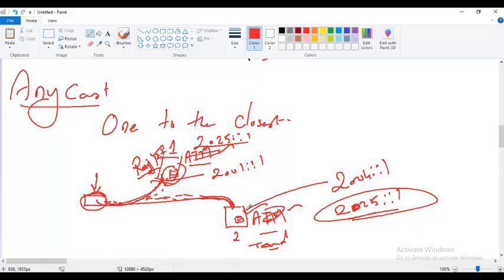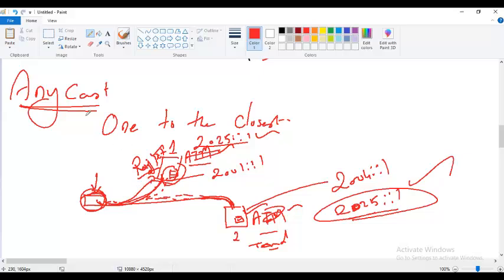You can see the same address in multiple devices in different locations, so that the routers can use the nearest one, first nearest. If that is not available, the next nearest will be seen in the routing table. This is what we call anycast, one to the closest.